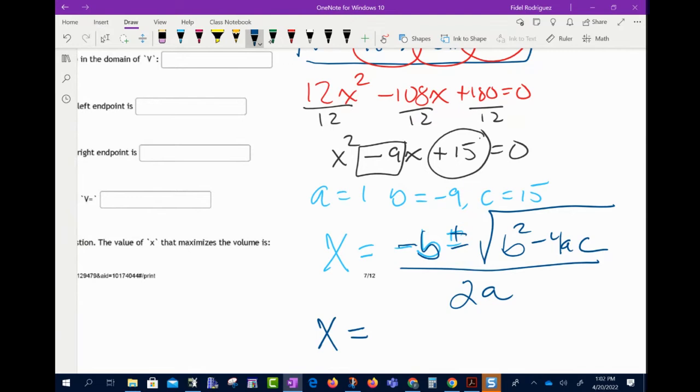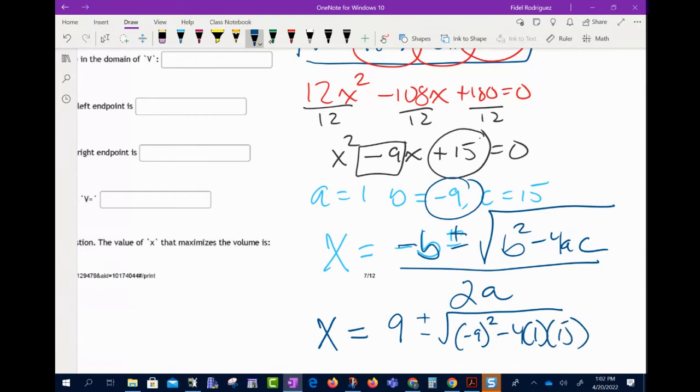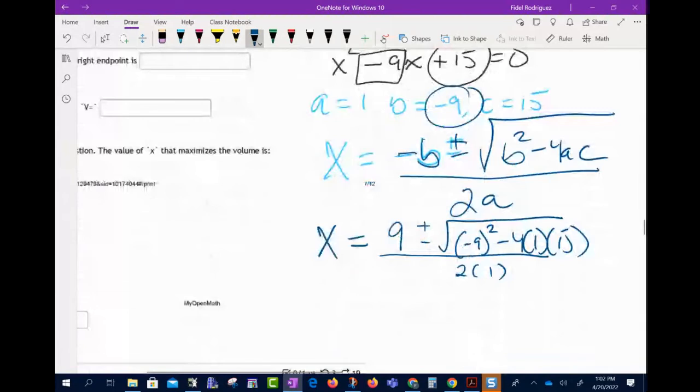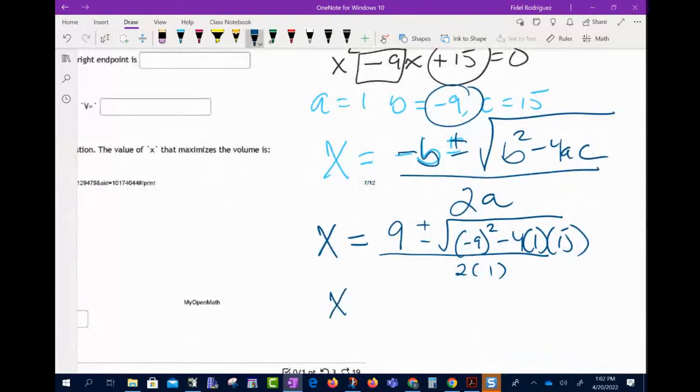Okay, negative b. If b is negative 9, then negative b should be positive 9. B squared, negative 9 squared, minus 4 times a times c, all over 2 times a. So this is going to give me 9 plus the square root of negative 9 squared, which should give me 81.